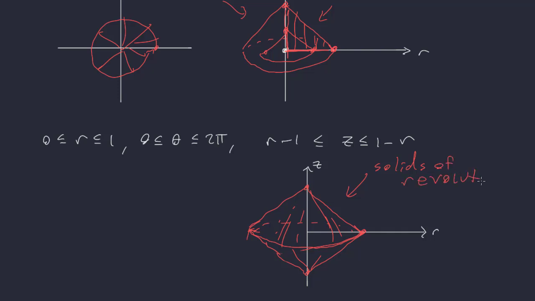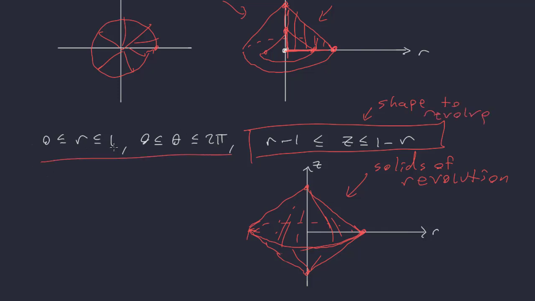And that's not a terrible way to think about this, because if you think of it in terms of solids of revolution, where the z gives you the shape that you're revolving, and then over here the r and the theta tell you, specifically the theta tells you how far to revolve it, then that is essentially what we're doing here. We're basically advancing our ideas of solids of revolution.